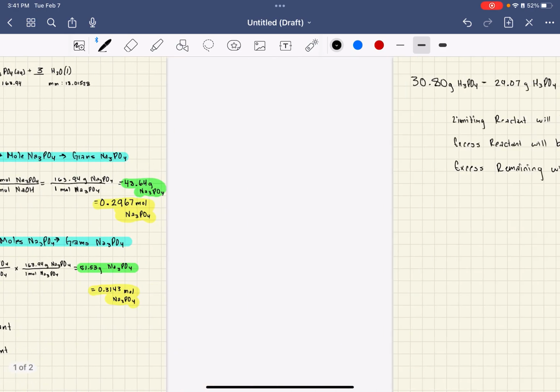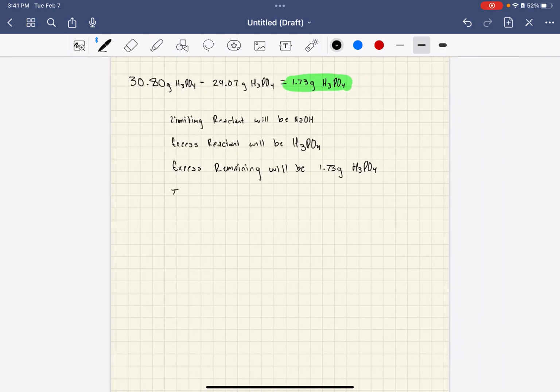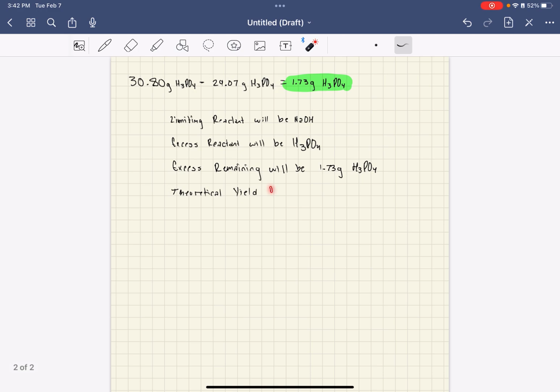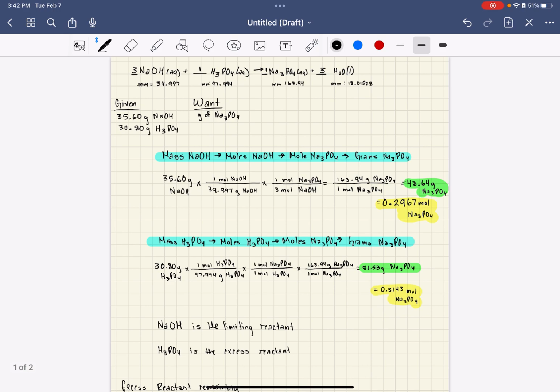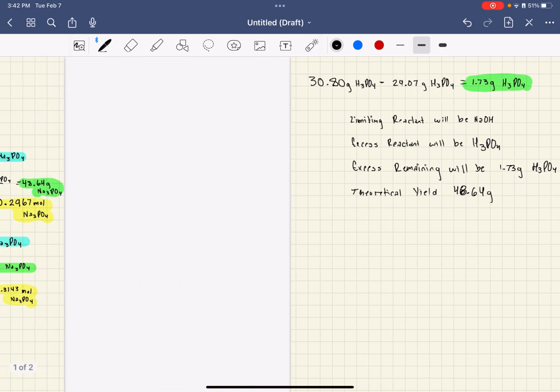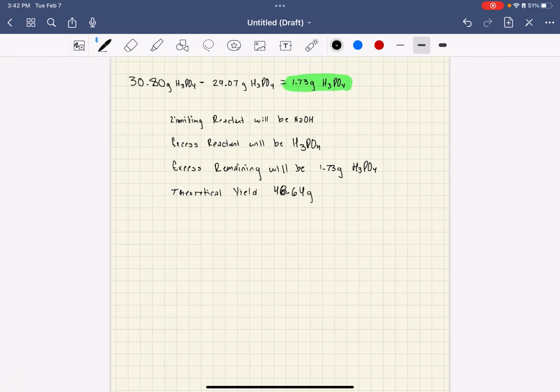The theoretical yield that can be made from this reaction is whatever the limiting reactant gives, which in this case will be 48.64 grams of Na3PO4.